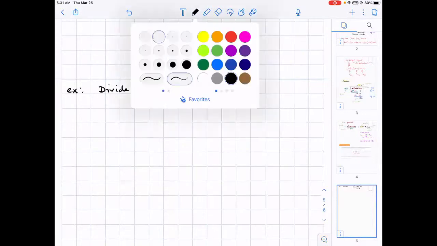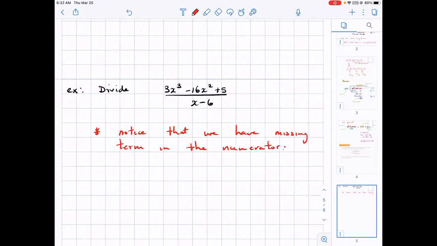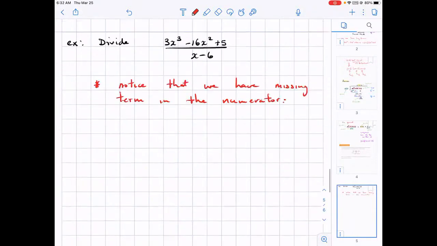So notice, very important, star: notice that we have missing terms in the numerator. When this is the case, we will use placeholders.